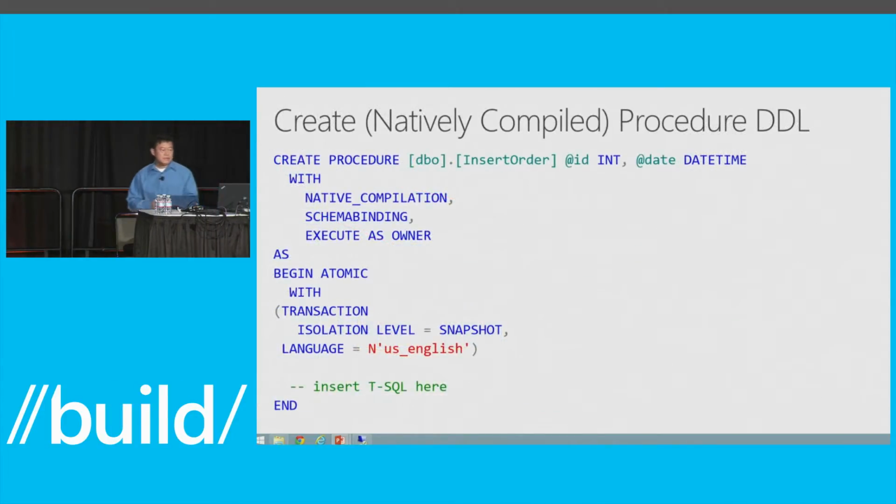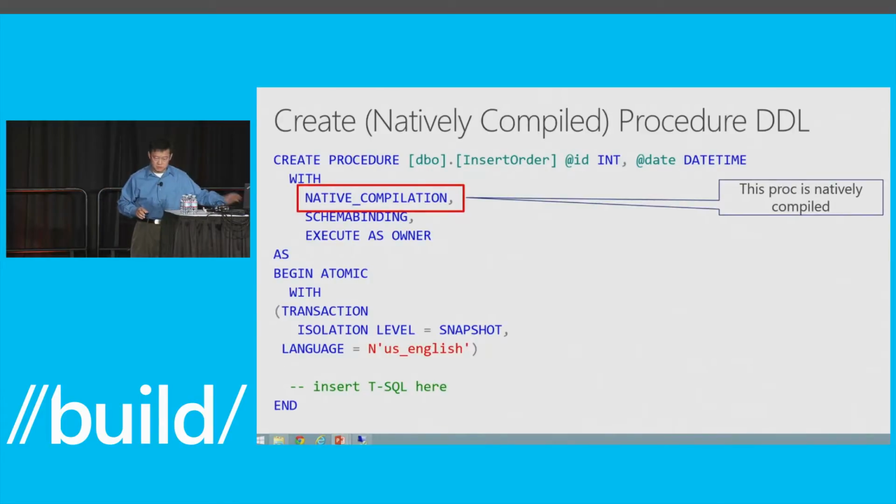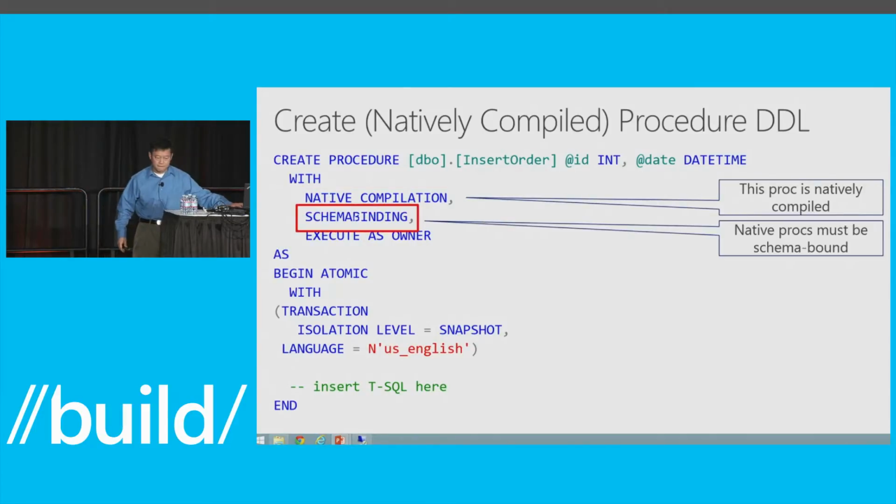So for natively compiled stored procedures, that's the new syntax. Again, it looks a little bit alien. Let me walk through some of the keywords here. Native compilation, this is telling the system, well, compile this. Schema binding, this is to ensure stability, right?